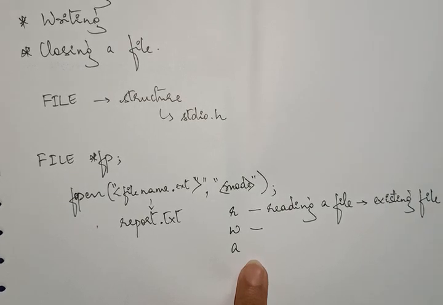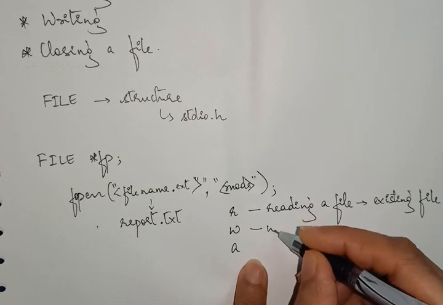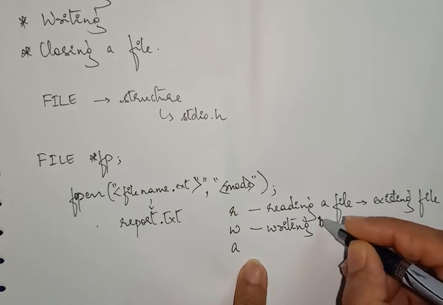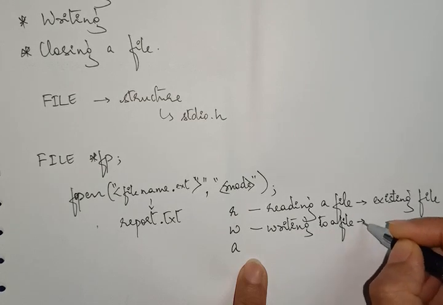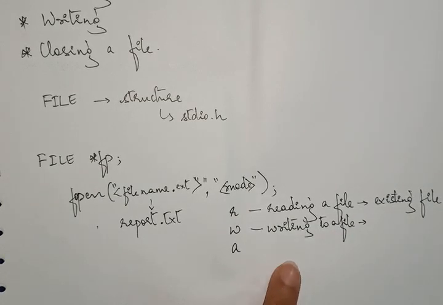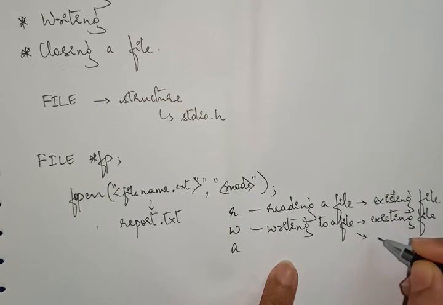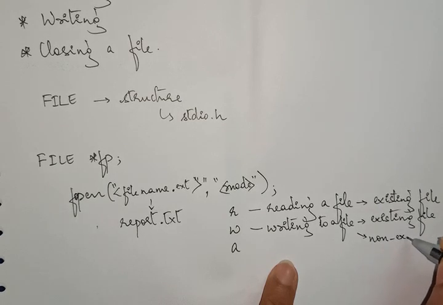Now coming to write mode, it is used for writing, obviously, writing to a file. This can be on an existing file or on a non-existing file. What is the difference? We'll see.